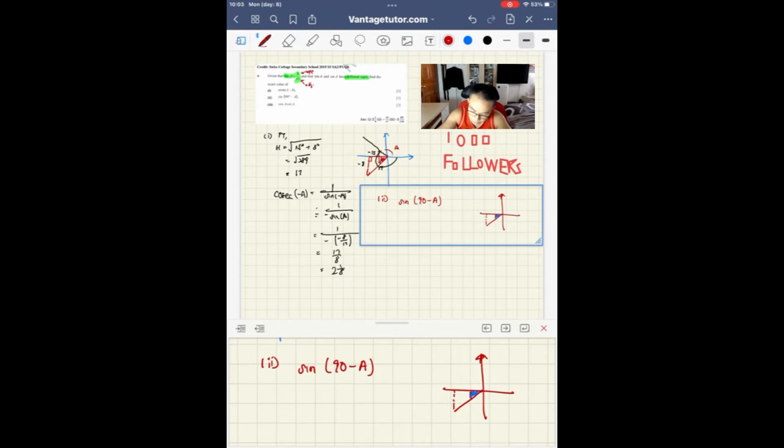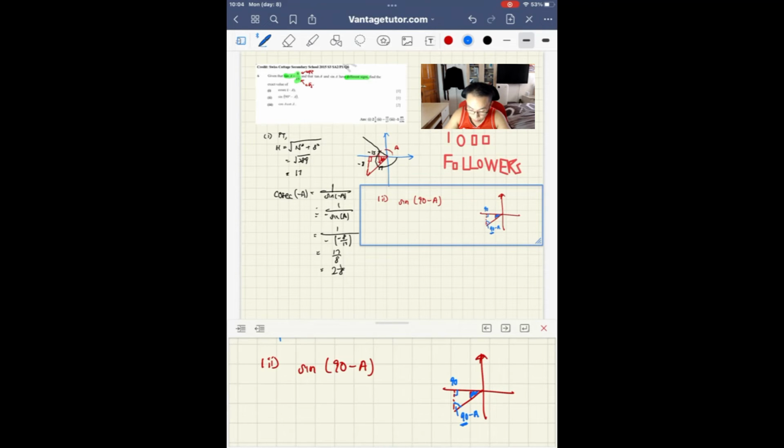Now, if you look at this triangle, you can see that because it's a right angle triangle, this is 90 degrees. And because you know that the sum of angles in a triangle is 180, you can actually say that this angle right here is your 90 minus A. Because if you take 180 minus 90 minus A, you're supposed to get this. 180 minus 90 is actually 90 itself.